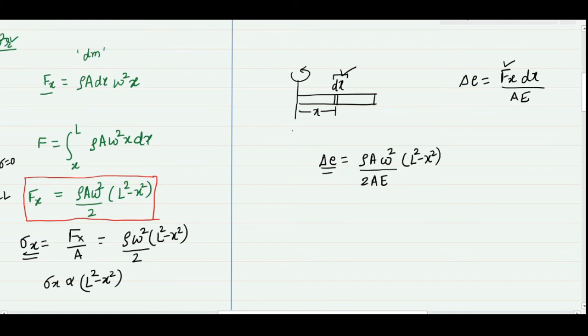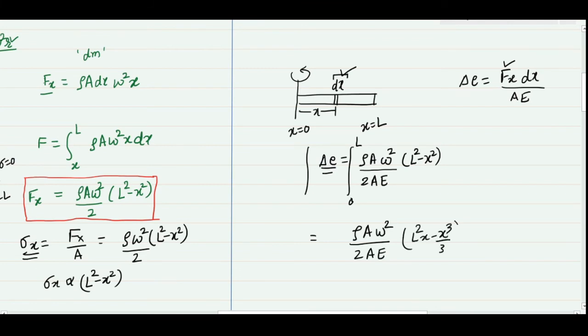If you are interested to find the change in length for the entire beam, you have to integrate this formula from x is equal to 0 to x is equal to L. When I do this integration from 0 to L, I will get rho A omega square by 2 A E times (L square x minus x cube by 3), and my limit will be 0 to L. When I put this value in this integration, I will get a formula that will be rho A omega square L cube divided by 3 A and E. I can replace this rho A with lambda, so my formula will become lambda omega square L cube divided by 3AE.